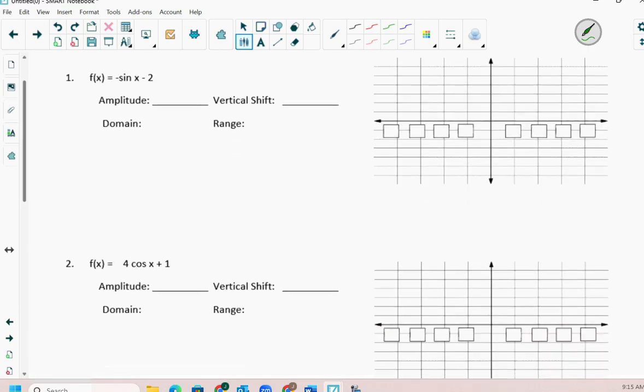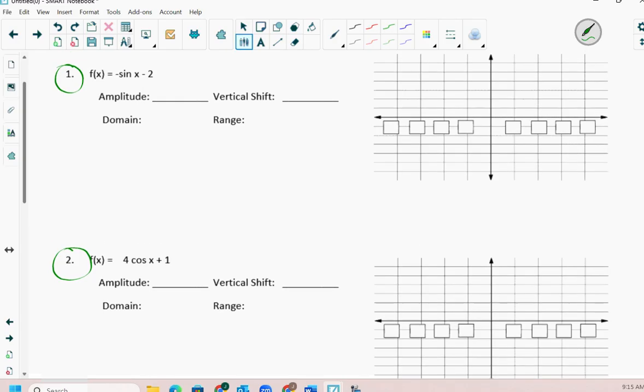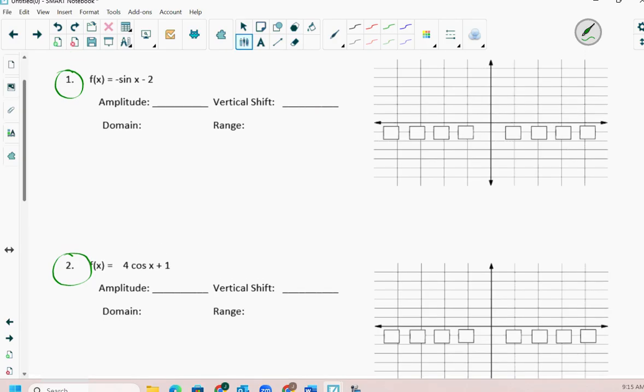There we go. Let's do number 2. I guess we'll do just 1 and 2. So you get a sine and a cosine, okay? 1 and 2. So one of them is a sine, one is a cosine. Take a few minutes here, try both of these, and then we'll be done with notes, okay?